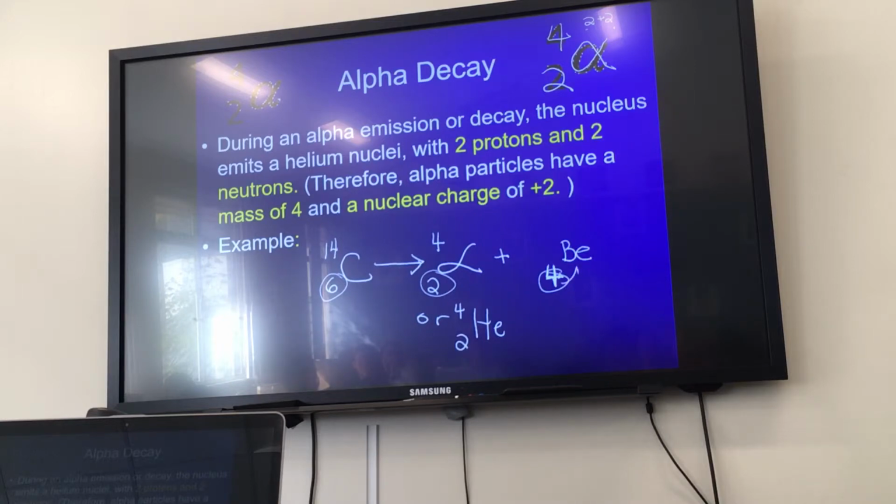So the bottom number tells you what the element is. On the top, I just subtract: 14 minus 4 has to be 10, but the top number is not very relevant. So in alpha decay you always get an alpha particle, and the thing that you had changes into a new element.